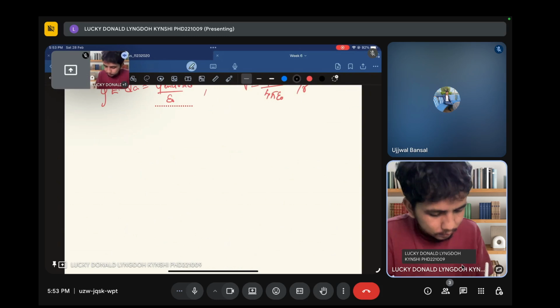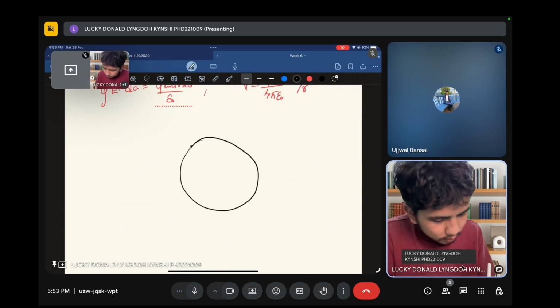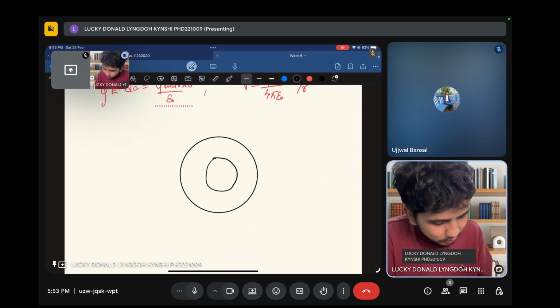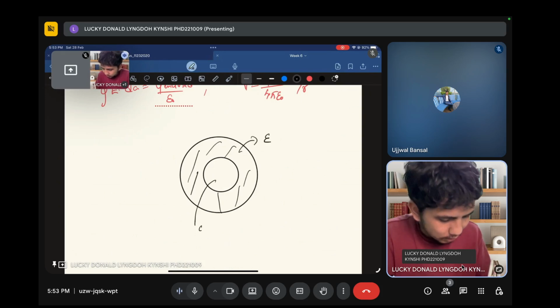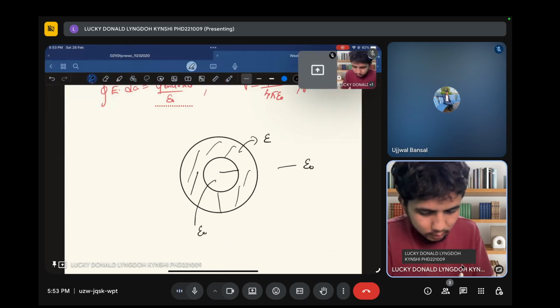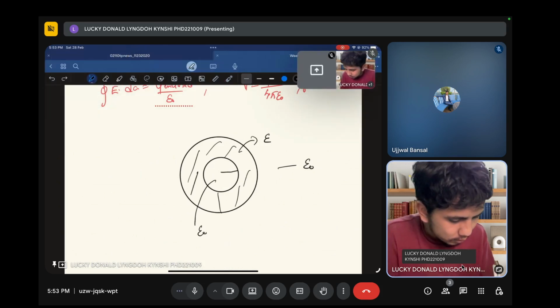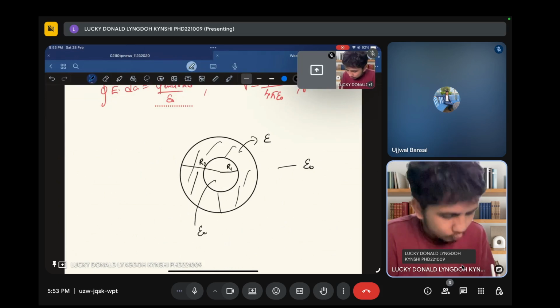It means a spherical shell is given like this, this region has permittivity epsilon, the inside region is epsilon naught, and outside is also epsilon naught. This is the radius R1, and this is the radius R2.